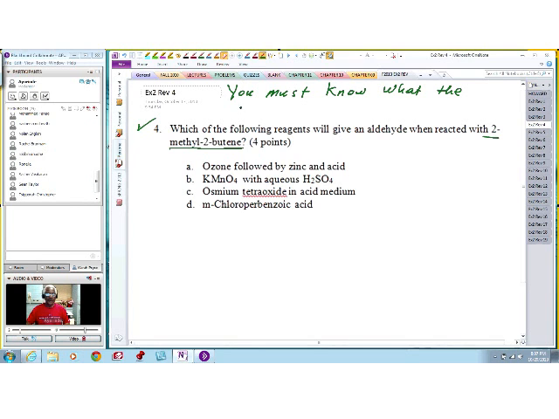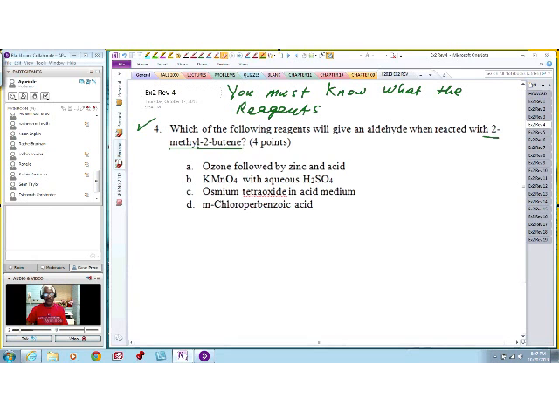I guarantee you, if you know what all of the reagents do, you will not have any problem with organic chemistry. Okay. So let us approach this question.